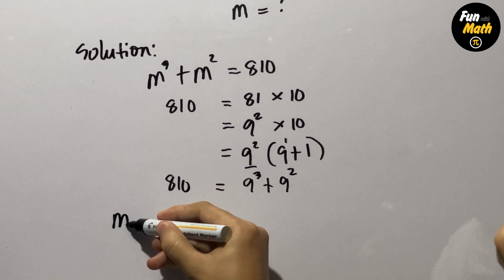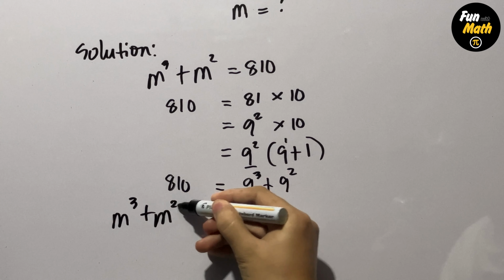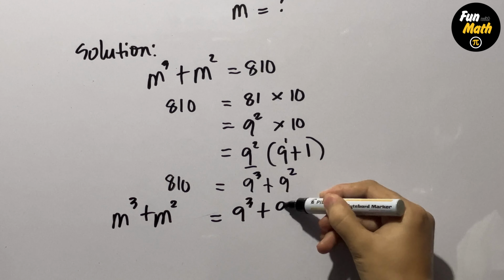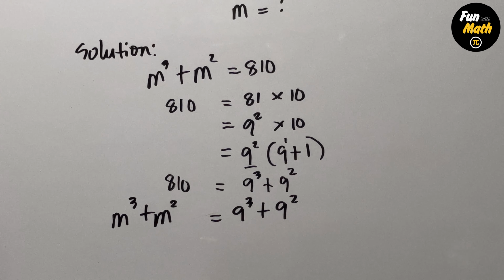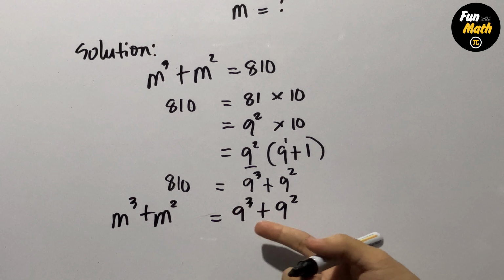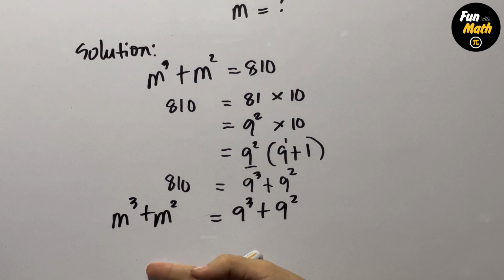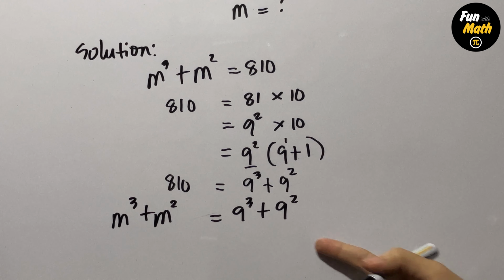So m cubed plus m squared is equal to 9 cubed plus 9 squared. And then this 9 cubed plus 9 squared, we can take to the other side. So it will be equal to 0 here.